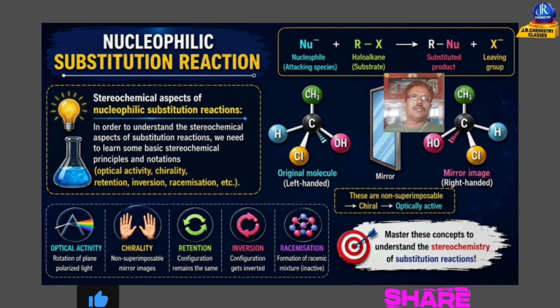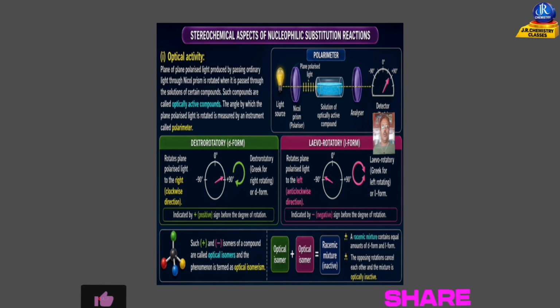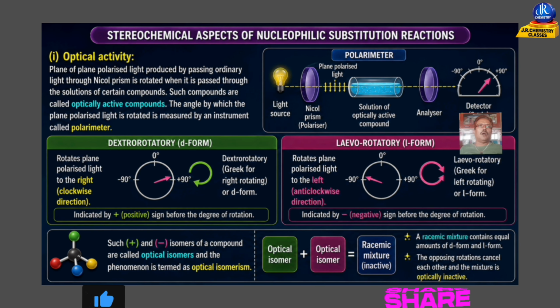notations such as optical activity, chirality, retention, inversion, racemization, etc. So, first is optical activity. Plane polarized light, produced by passing ordinary light through a Nicol prism, is rotated when it is passed through the solution of certain compounds.